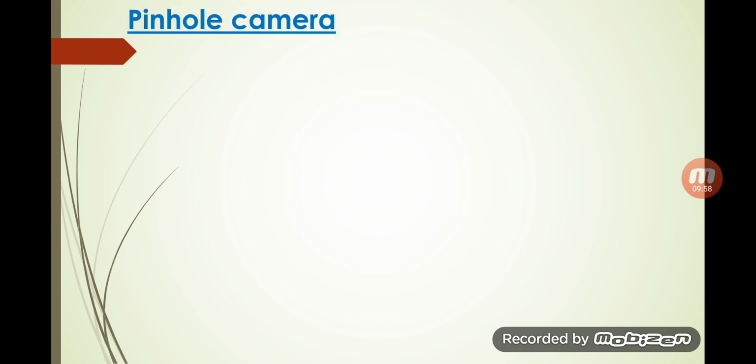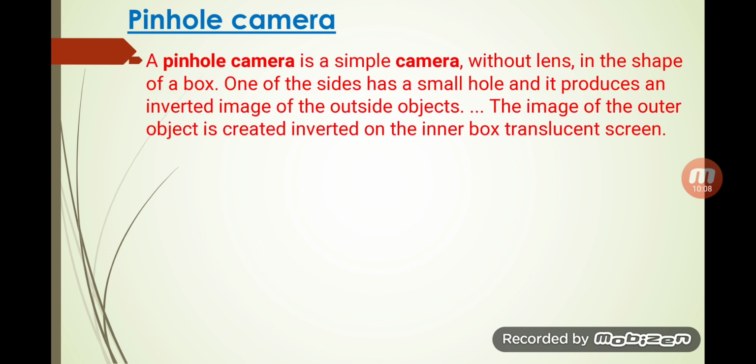What is a pinhole camera? I think I have given you project work to make the pinhole camera. So let's try to understand what is a pinhole camera. A pinhole camera is a simple camera without lens in the shape of a box.